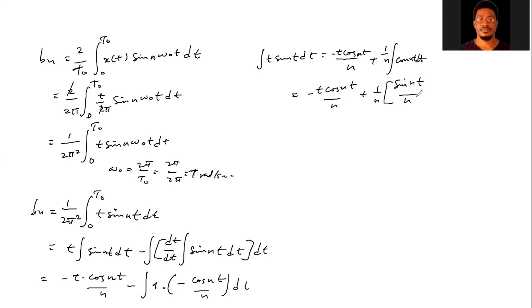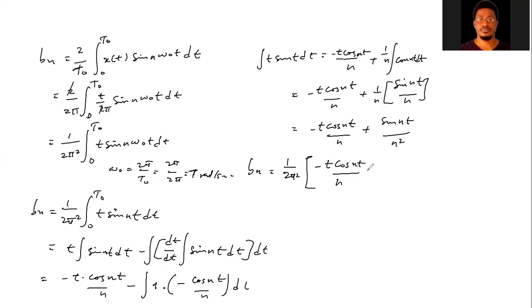Then this will be the same as negative t cos nt over n plus sin nt over n squared. So we now see that b_n is the same as 1 over 2π squared into bracket minus t cos nt over n plus sin nt over n squared from 0 to 2π.